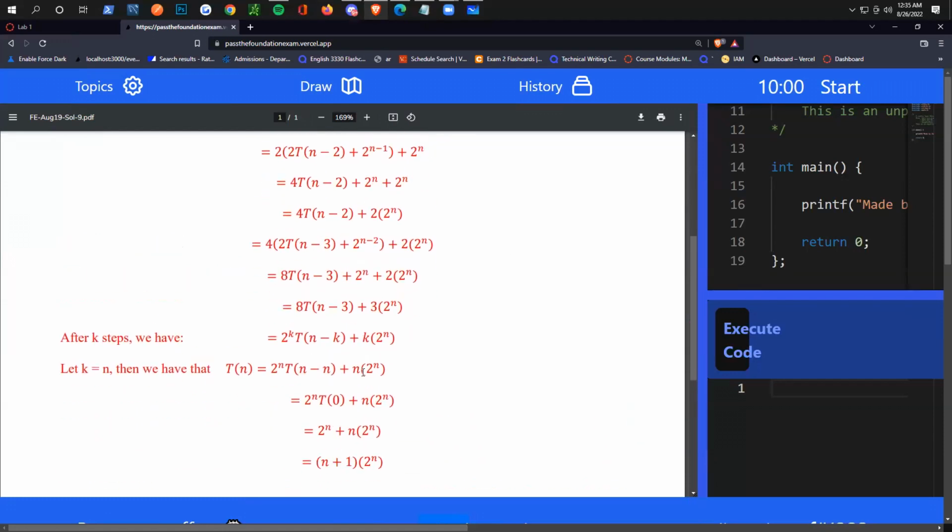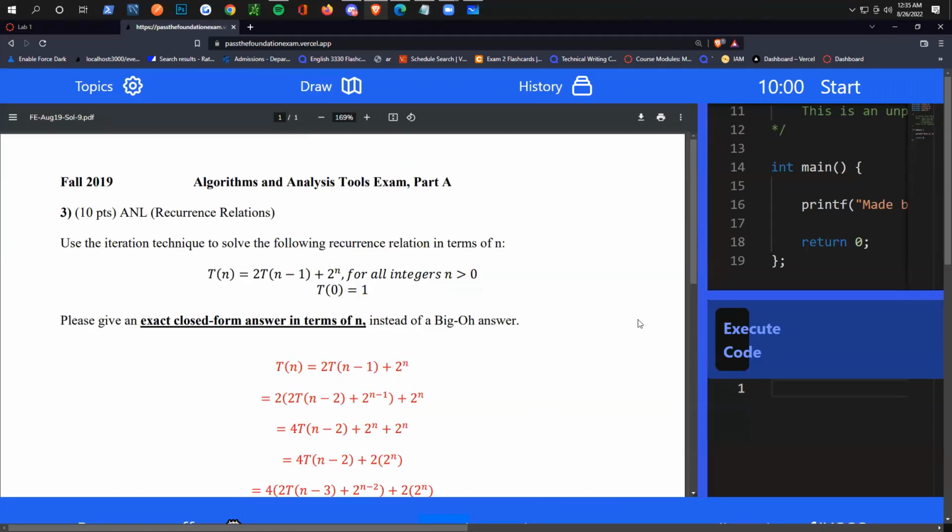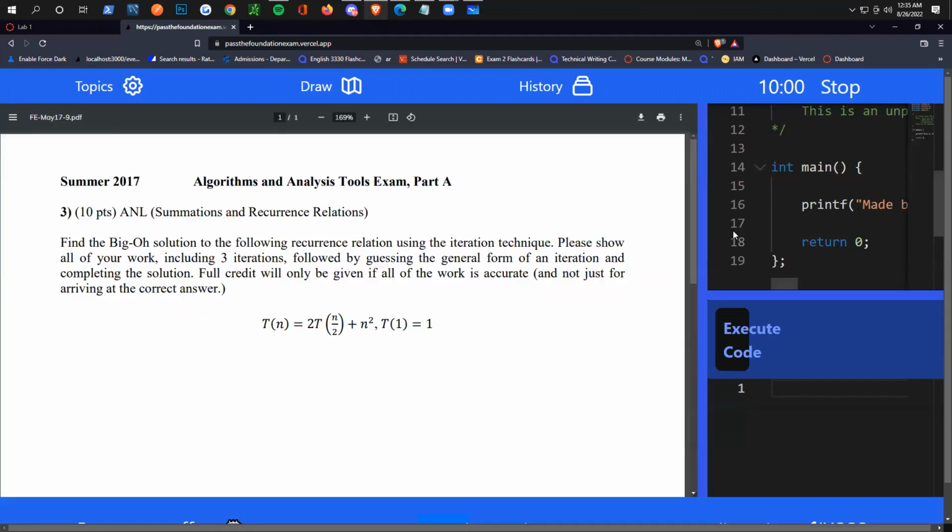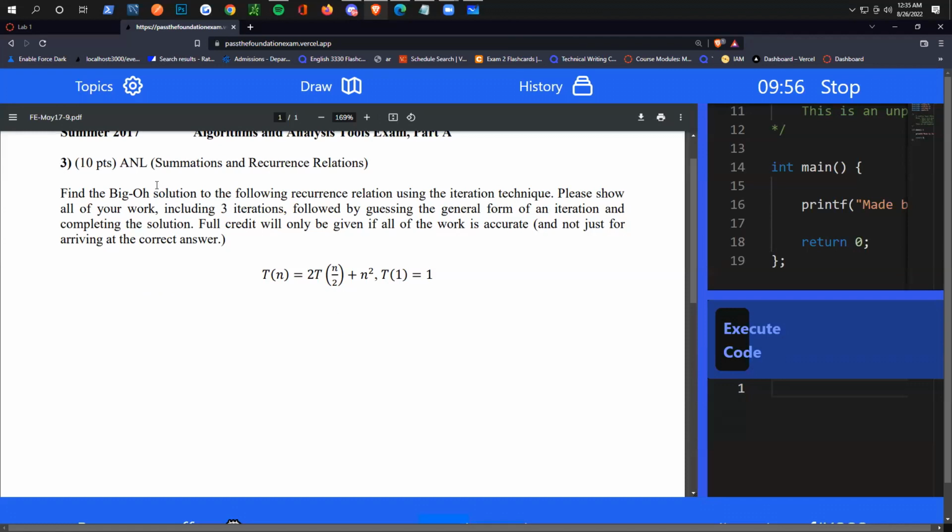So that is the whole idea with the way I end up doing this. Let's do one last question. So find the big O solution using 3 iterations followed by general form and complete the solution. So T of n equals 2 T of n divided by 2 plus n squared, and T of 1 equals 1. Okay.